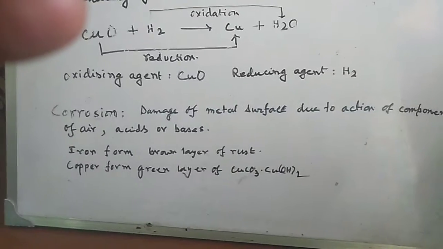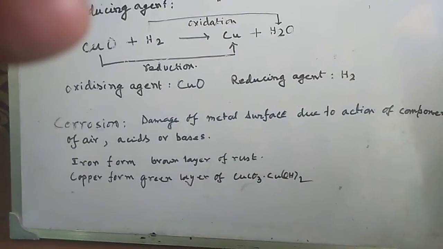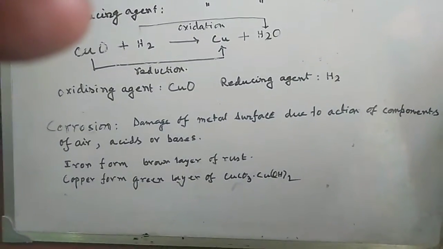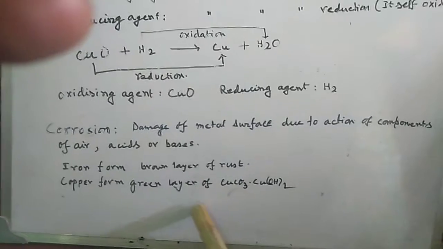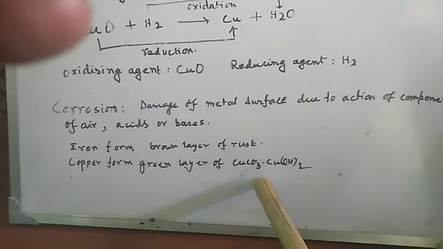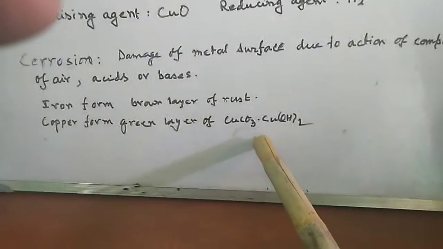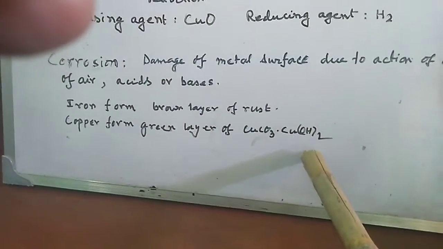The formula of rust is Fe2O3.xH2O. And if you keep copper in open air, a green layer is formed, which is basic copper carbonate, formula CuCO3.Cu(OH)2.